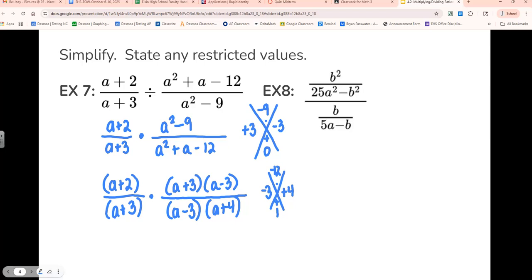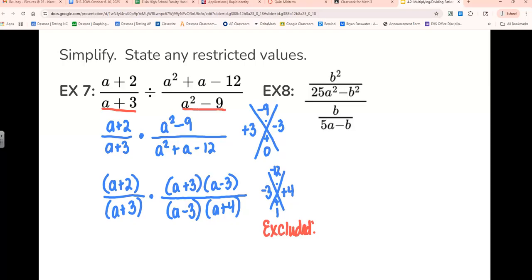Now, excluded values are, in my opinion, a little annoying for this. For your excluded or your restricted values, you cannot have 0 in a denominator at any time. So that means the denominators here were a plus 3 and a squared minus 9, right?